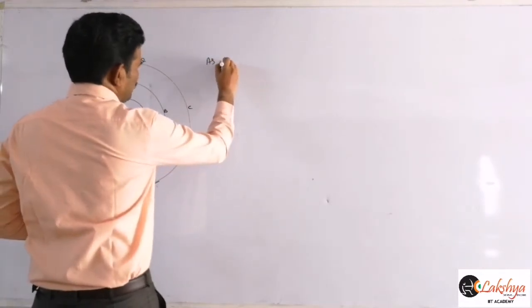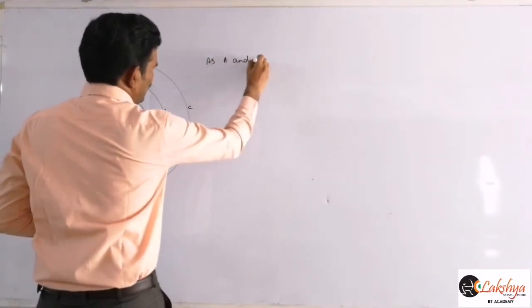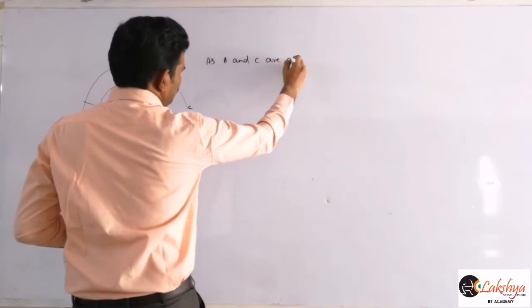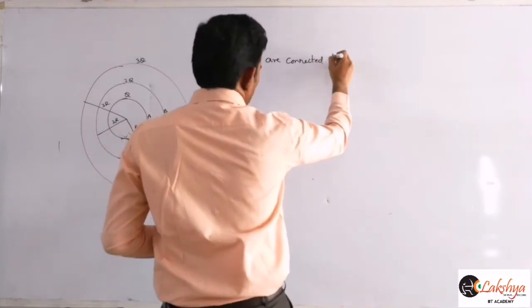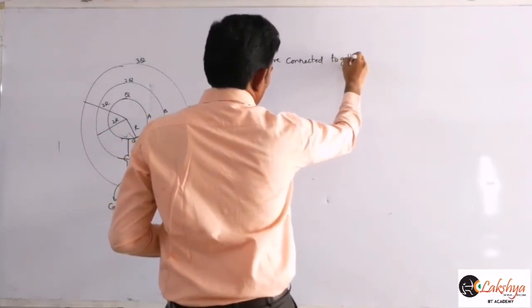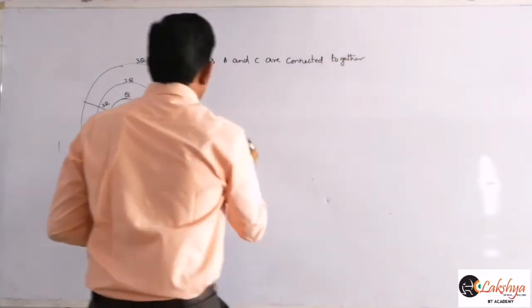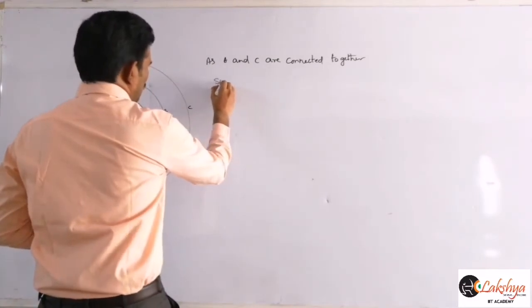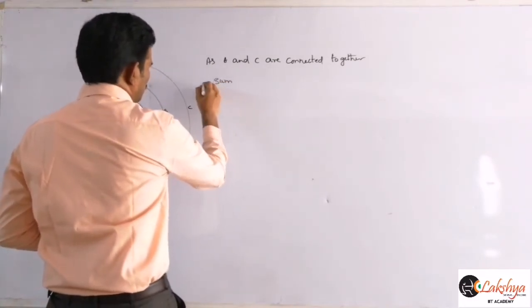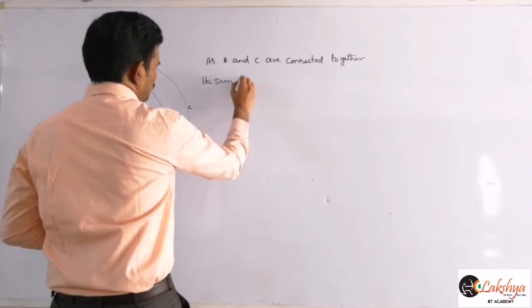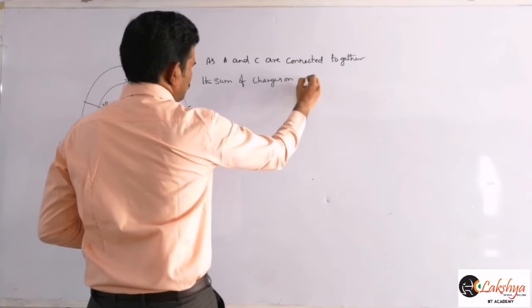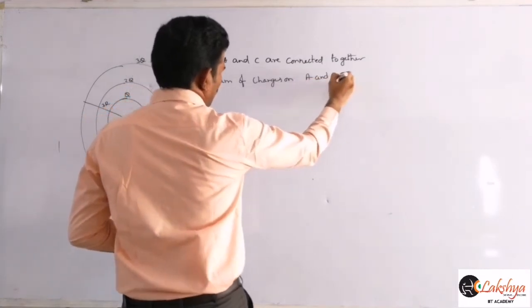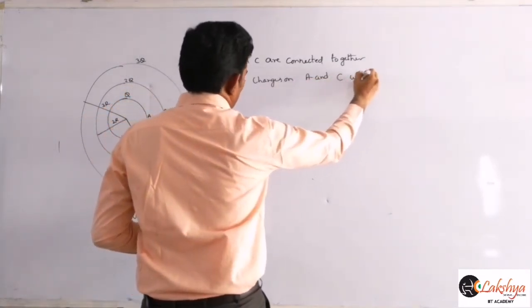As A and C are connected together, the sum of charges on A and C will be conserved.